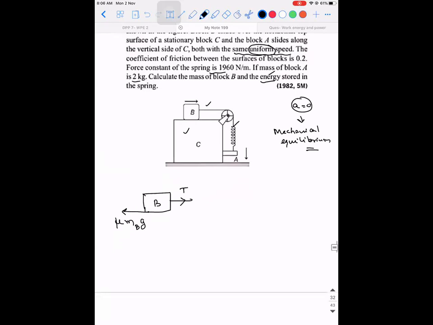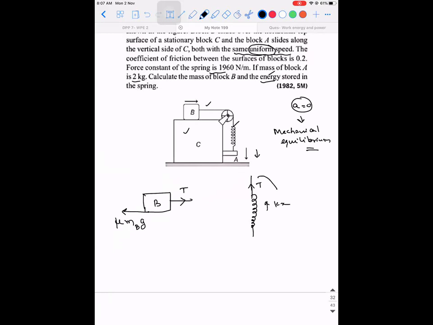Now, what about the spring? If I draw a free body diagram of the spring, it is indirectly connected to a string. This block is trying to pull it downwards. Then what will be the restoring force in the spring? It is Kx.